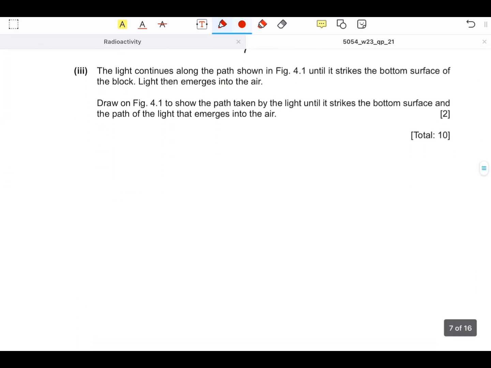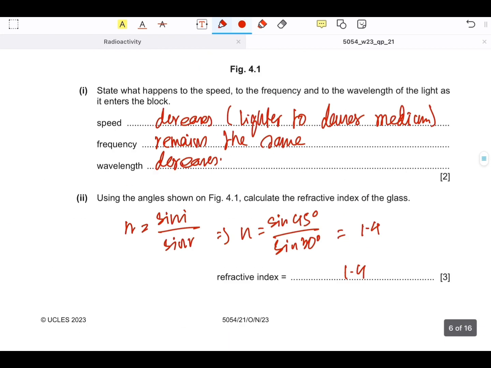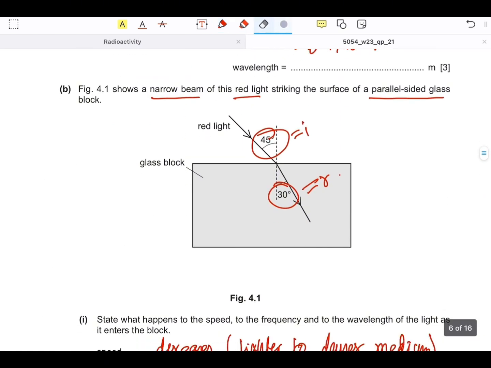Now the light continues along the path until it strikes the bottom surface of the block and then emerges into the air. Now we need to draw the path taken by the light until it strikes the bottom surface and the path of the light that emerges. So over here, for a better view, we rub out the angles, and now we continue with the refracted line, and it goes to the bottom of the glass block.